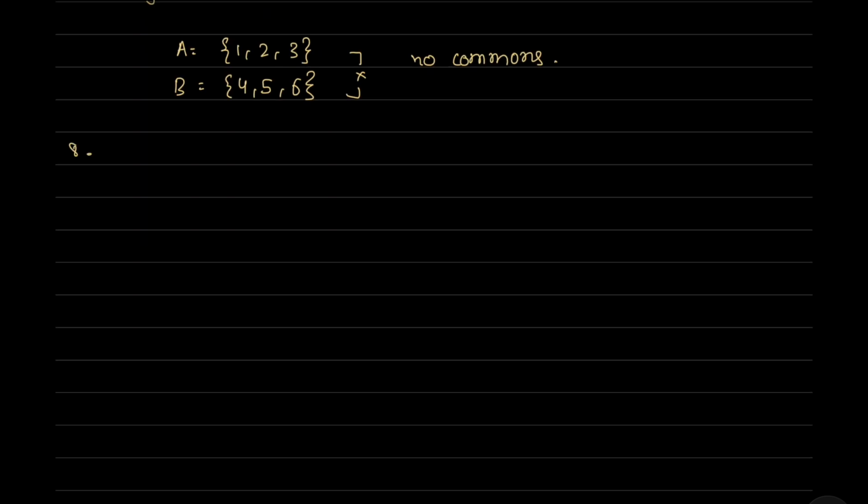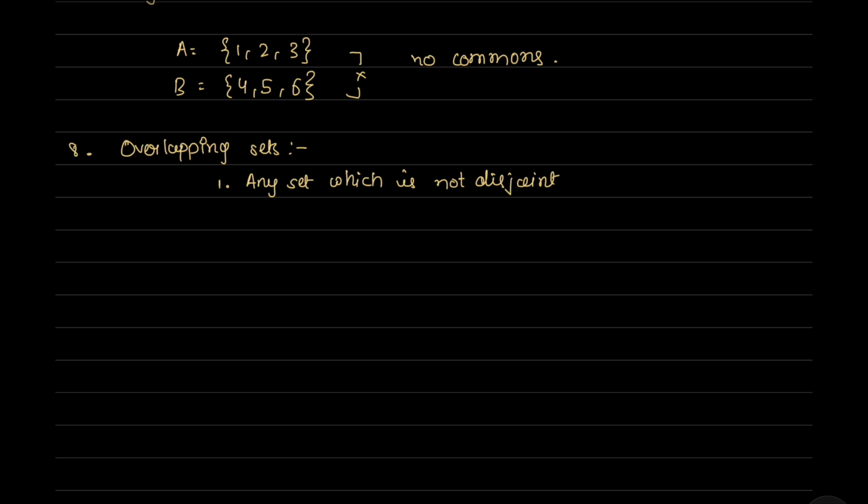Alright. Next we have overlapping sets. You can have two definitions for this. The first one is: any set which is not disjoint is an overlapping set.